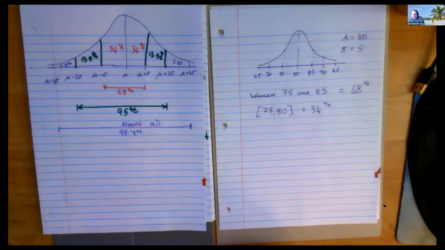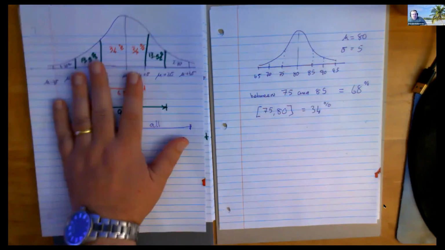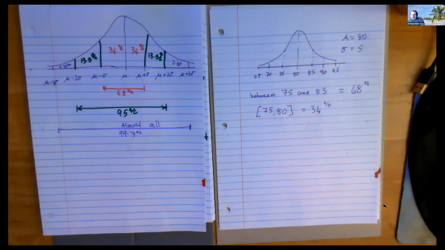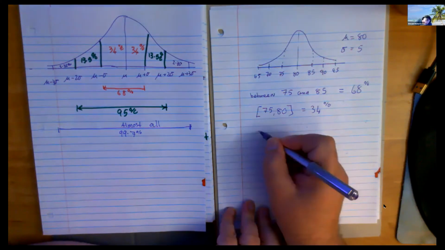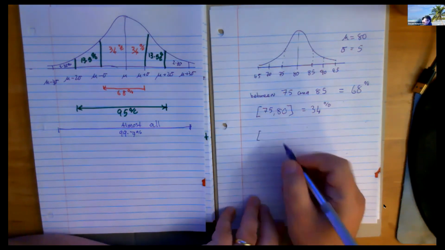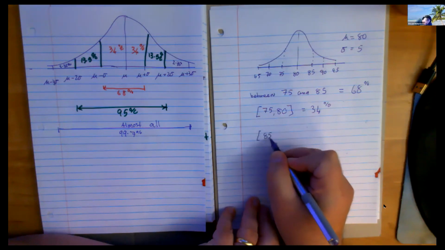Now I'm going to write down 3 more. I'm going to keep this here, so hopefully that'll help. You are going to find what percentage of the data is between these 2 numbers. What percentage of the data is between 85 and 95?